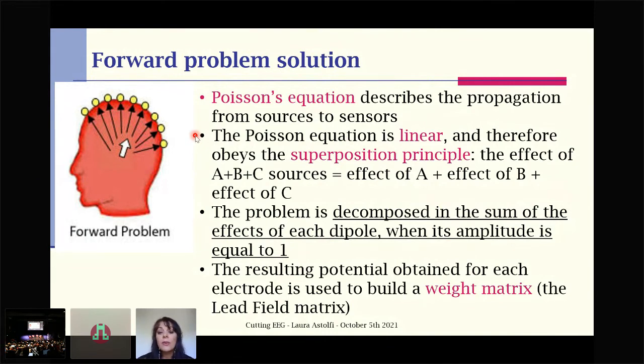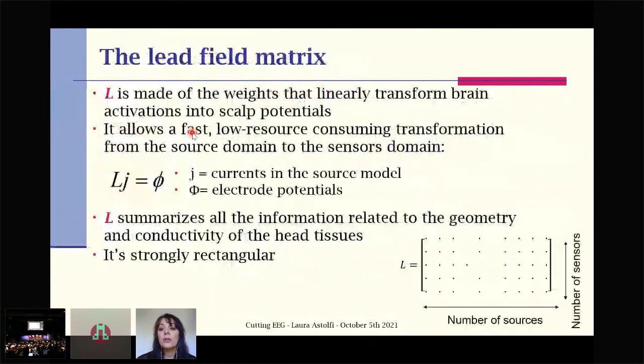But finally, what we get is very powerful and simple to use, because we can build a matrix made of all these vectors, which is called the lead-field matrix, which contains all the information about the geometry, the conductivity, the properties of the problem, and which is able to transform any given combination of source activations into the related scalp distribution, just by multiplying this matrix by the vector of sources.